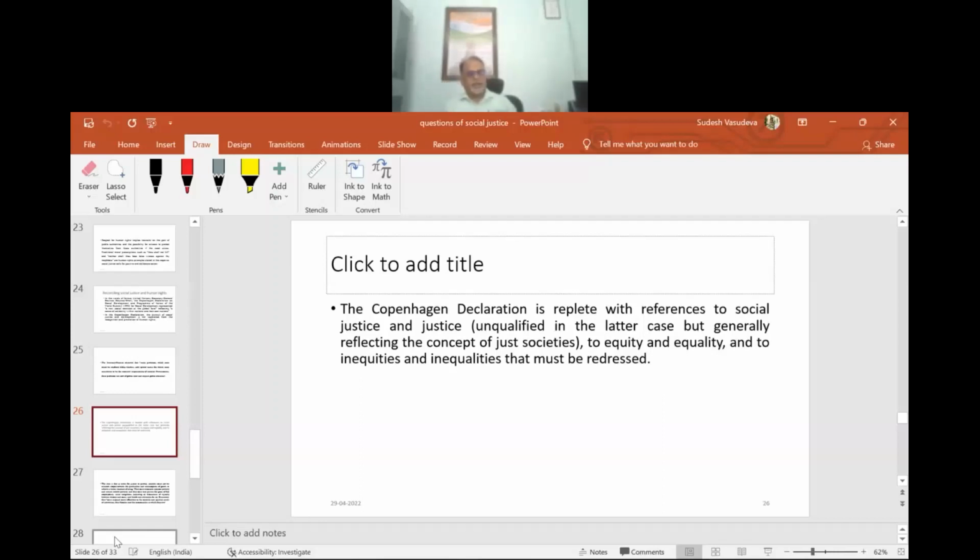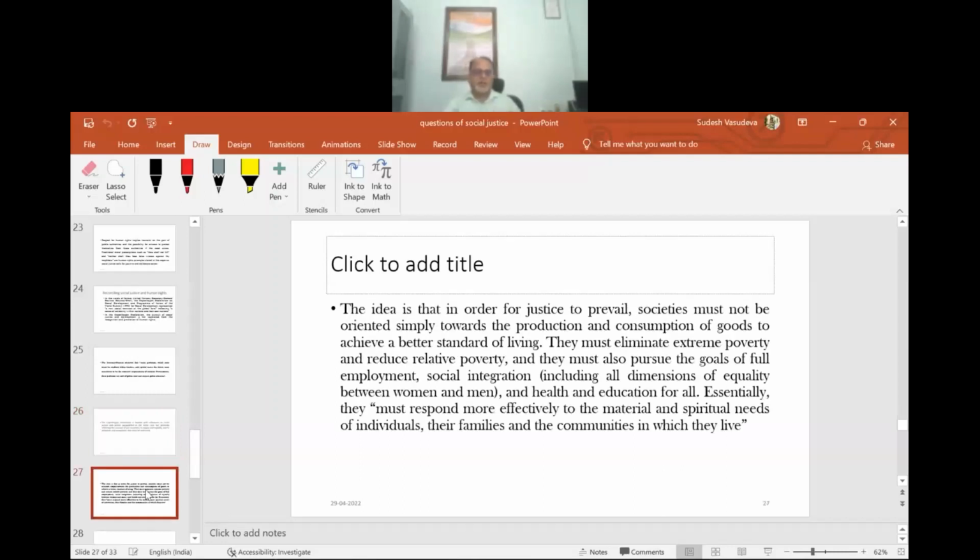What we find here is that the declaration at the Copenhagen meet was perceived against the global inequalities that were growing. So the idea was that in order for a just society to prevail, this just society is not a society of only production and consumption.